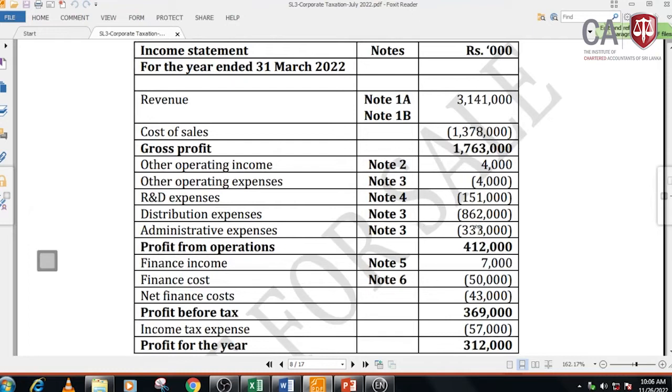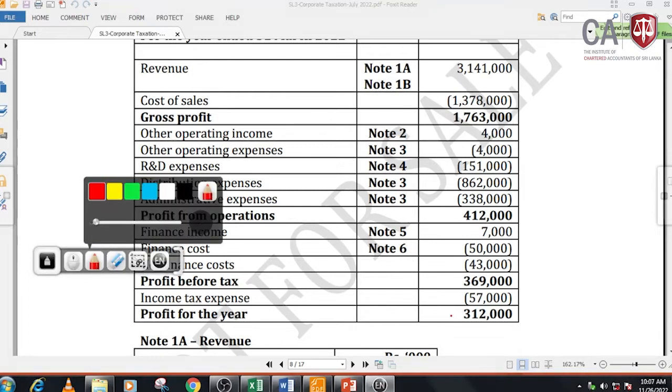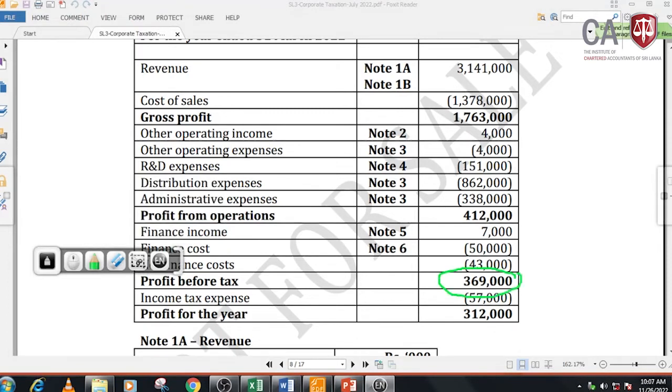All these notes, you have to go to the notes and check the adjustments, and we have to adjust. Then the finance income, note 5, finance cost, note 6, and the net finance cost and profit before tax. This is your starting figure, which is the profit before tax.